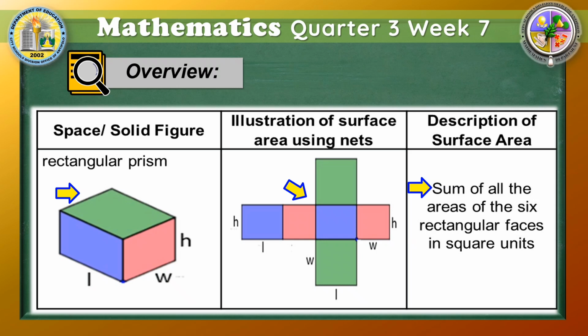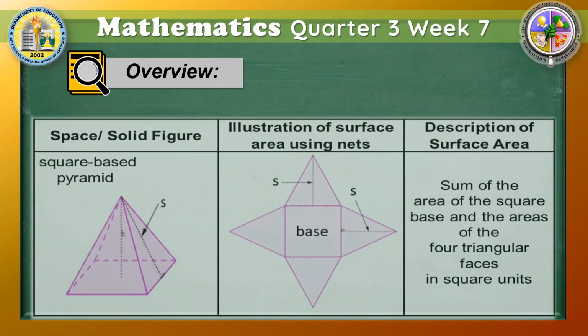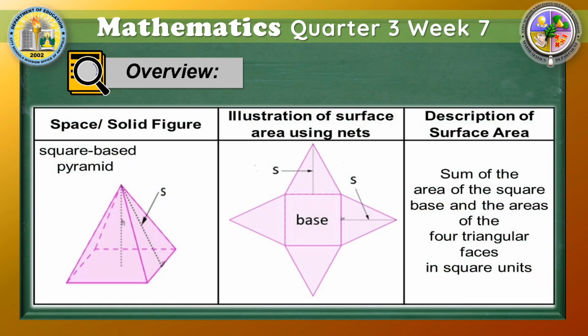The next figure on the table is a square-based pyramid. Based on its net, it has a square base and 4 triangular faces. The surface area is described as the sum of the area of the square base and the areas of the 4 triangular faces in square units.